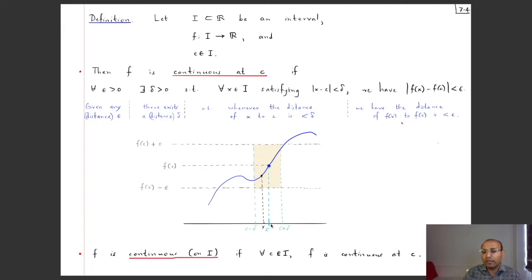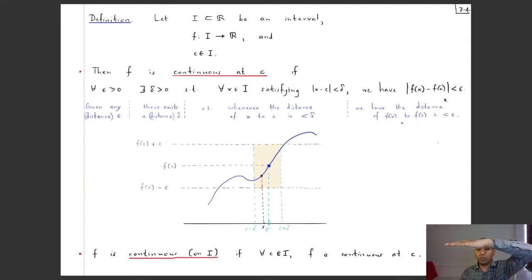Well, that's this interval centered at c with distance to c at most delta, right? So it is this open interval c minus delta to c plus delta. Whenever my x lies in this segment, the corresponding f of x satisfies this.